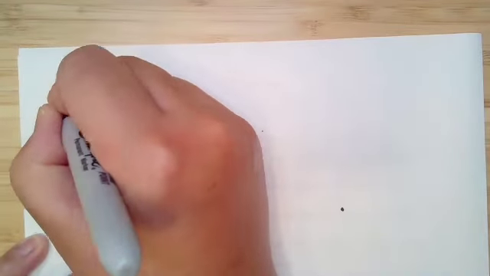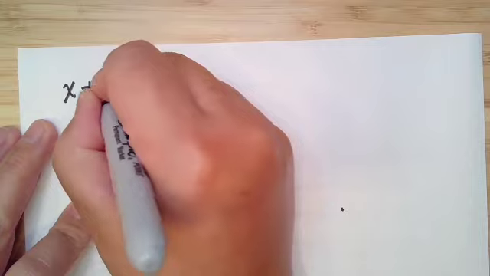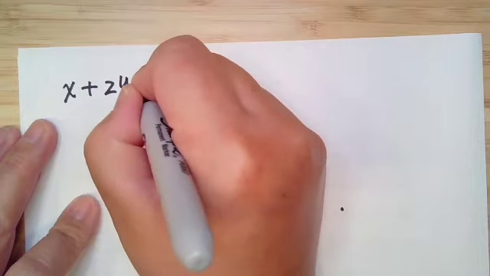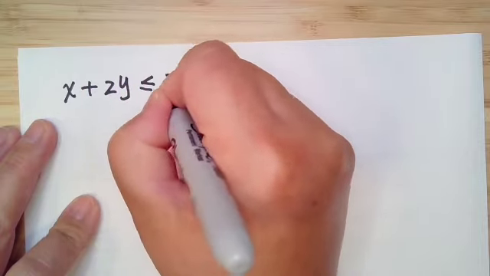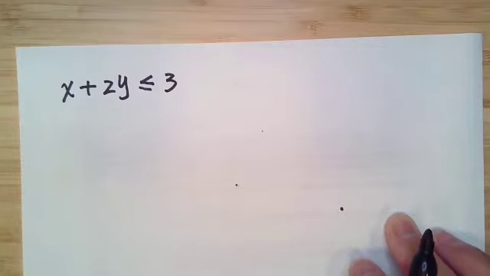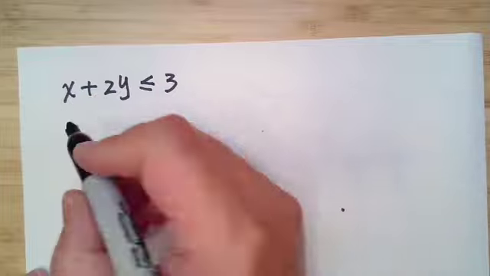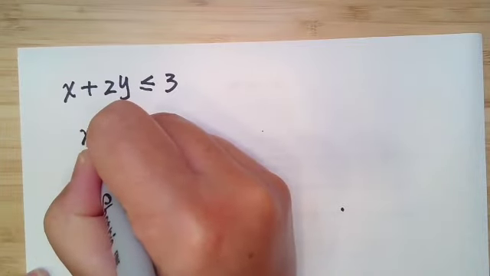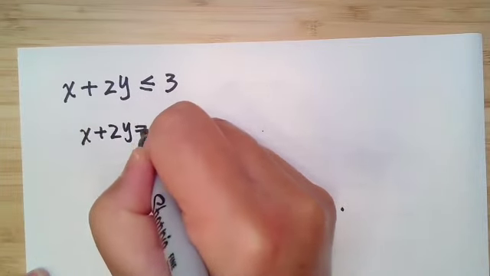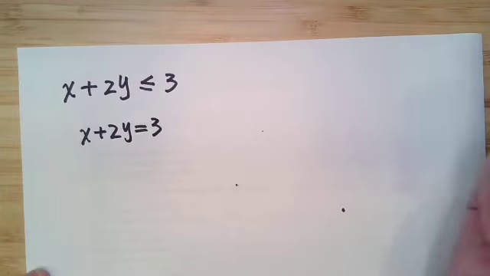We do x plus 2y less than or equal to 3. Okay, this is an inequality. Step 1, x plus 2y equals 3. Step 2, graph it.